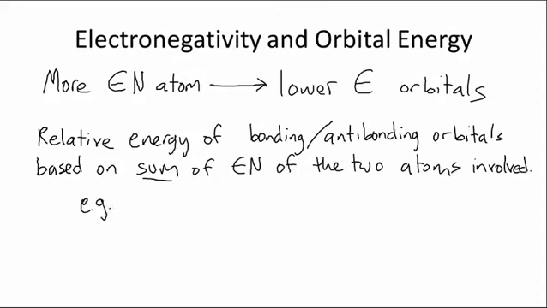So, for example, sigma CCl, we said, was lower energy than sigma CH.